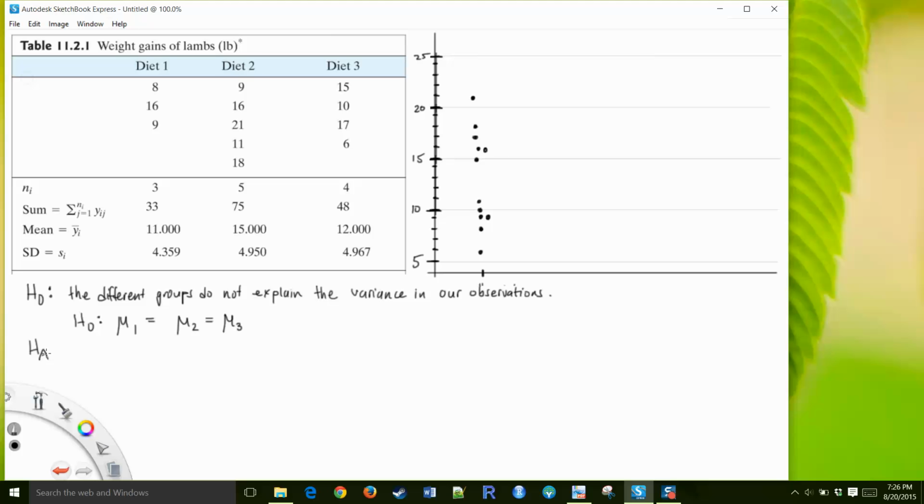There's also an alternative method of writing the hypotheses symbolically, an alternative form of hypotheses.